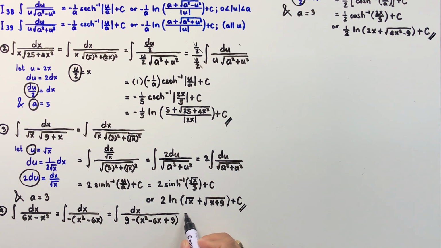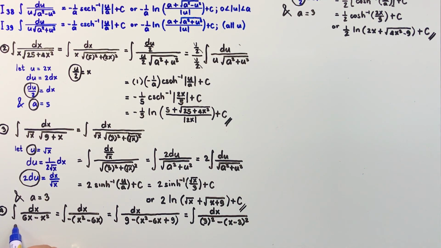So we can express this one as a difference of 2 squares this time. So this is 3 squared minus the square of x minus 3. So we notice that this is of the formula 36, wherein the denominator is a difference of 2 squares, wherein the first square is a square of a constant and the second square is a square of a polynomial.